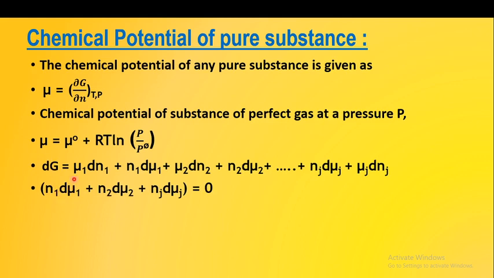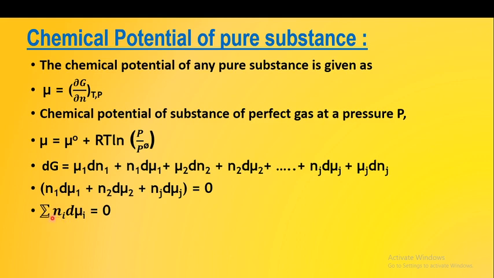Therefore we can write n1 d mu1 plus n2 d mu2 plus nj d muj is equal to 0. In summation form, the summation of ni d mui is equal to 0. This is because the number of moles are constant and the chemical potential changes.